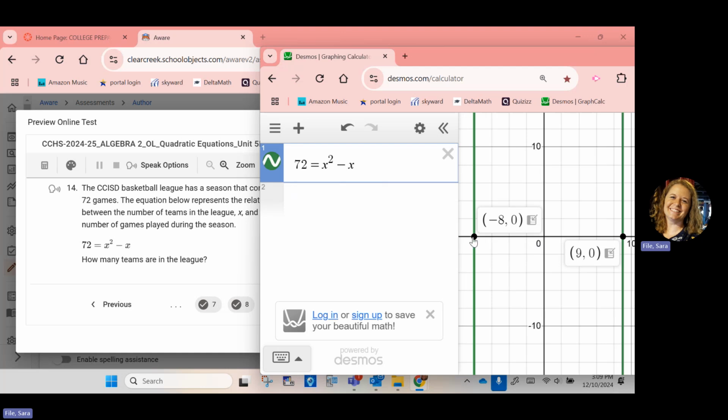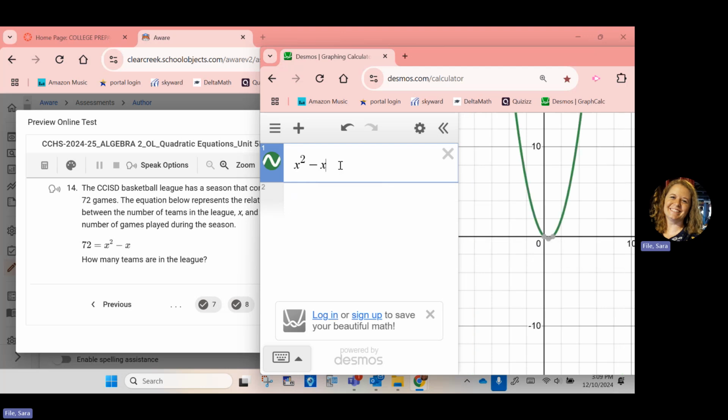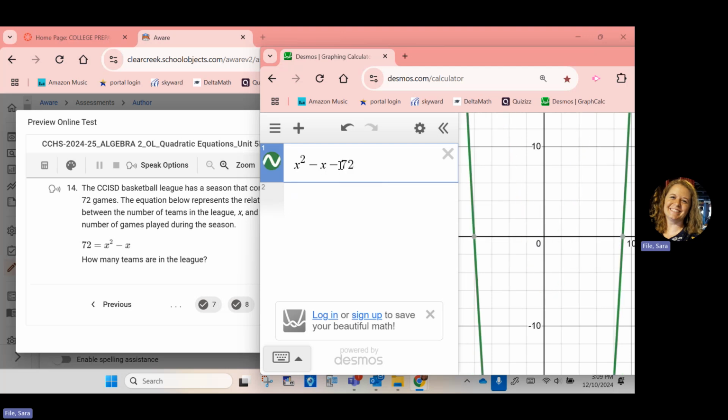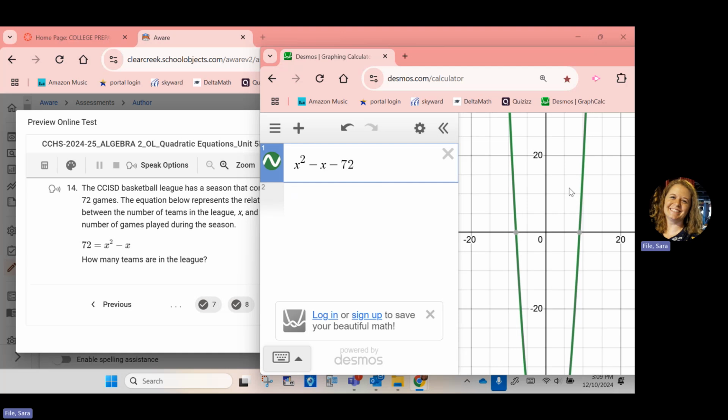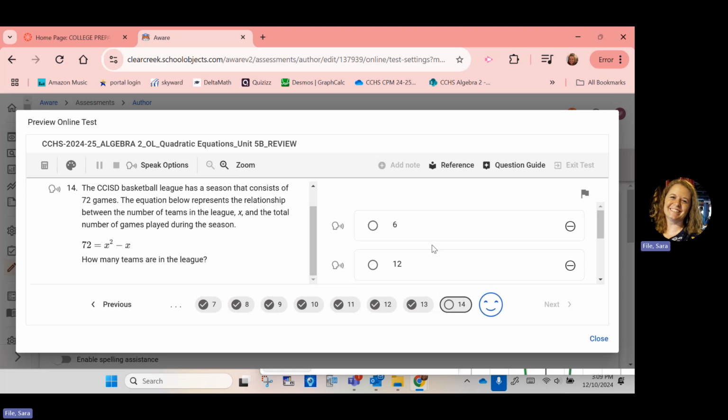Now, if you want to see the actual parabola, go ahead and solve this, get it set equal to 0. So that 72 would need to be subtracted over, so it would end up being -72 on this side. Now you can see it as an actual parabola, but you get the same solutions, where the -8 does not make sense. The only one that makes sense here is the 9.